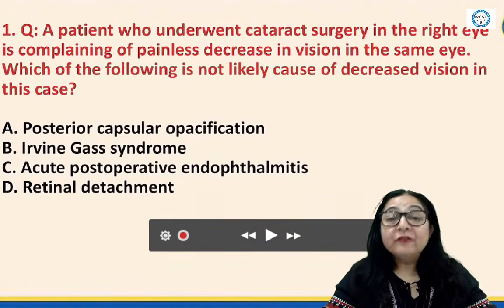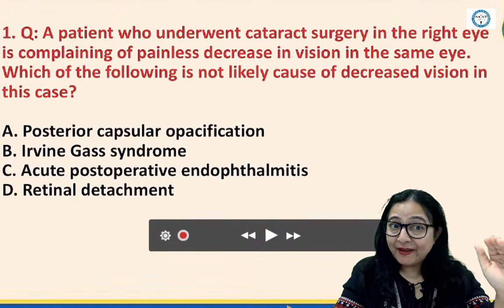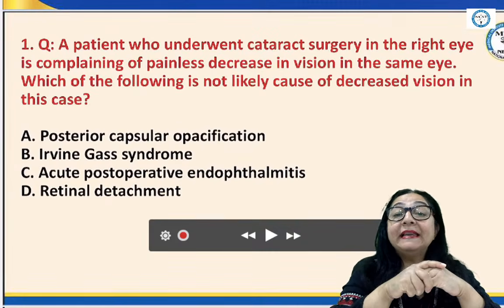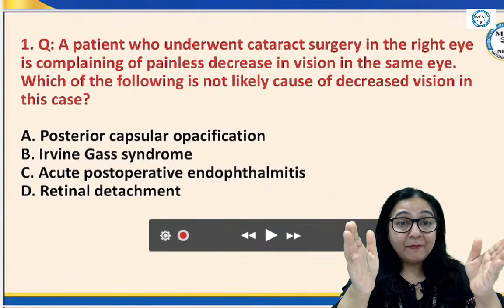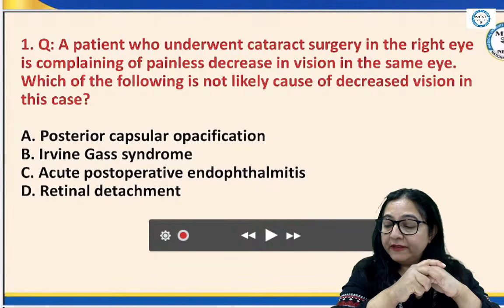All right, beta. So the first question statement is: a patient who has undergone cataract surgery in the right eye is now complaining of painless decrease in the vision in the same eye. Which of the following is not the likely cause of decreased vision?